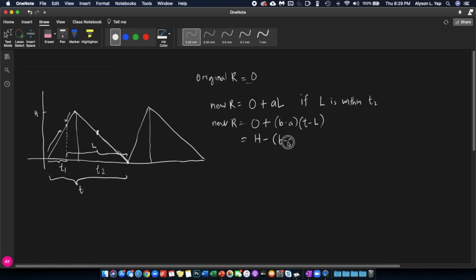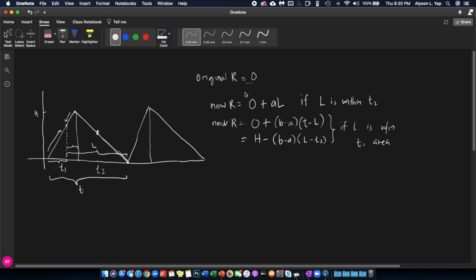Again, the rate is B minus A. And you need to multiply by this length. And how long is this length? It is L minus T2. So these two are the formulas if L is within the T1 area.